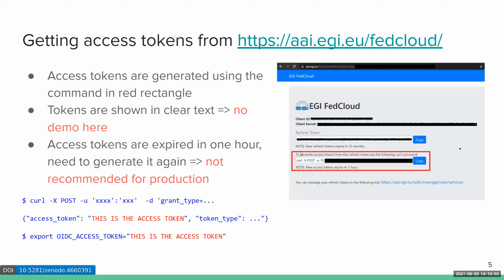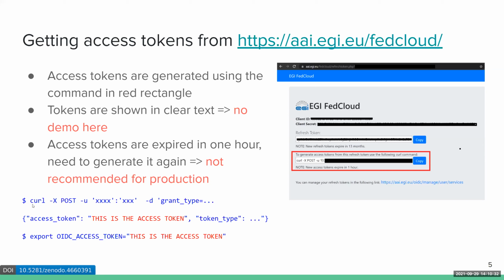Just take this command and execute it. The token here is shown in clear text, so I cannot make a demonstration. And the token will expire in 1 hour. It means that after 1 hour, you need to generate the token again. So it's not recommended for production, but for testing it is suitable.